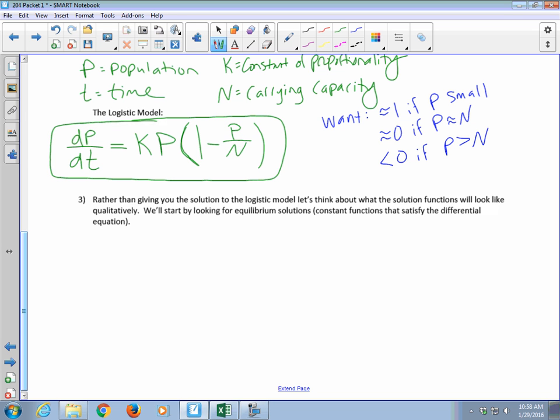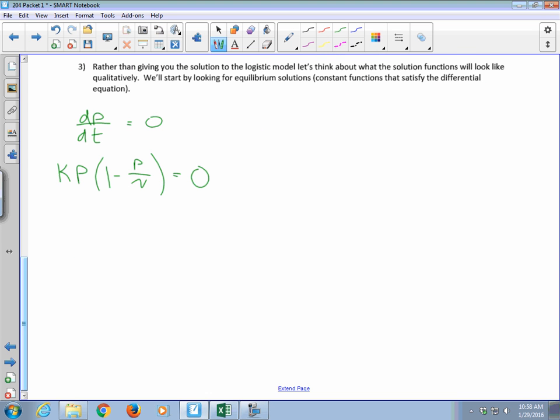So to find equilibrium solutions, we set the differential equation equal to 0. So I'm going to set kp times 1 minus p over n equal to 0. And I have two factors multiplied together. The answer is 0.